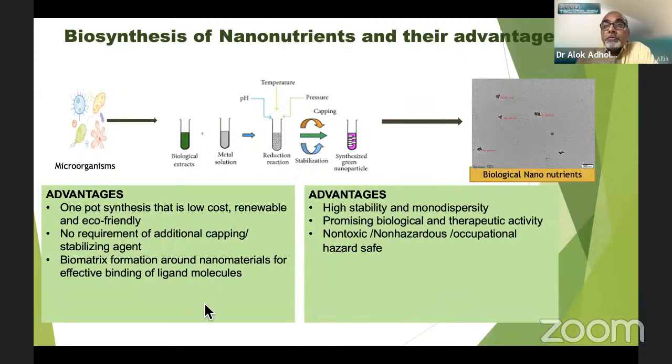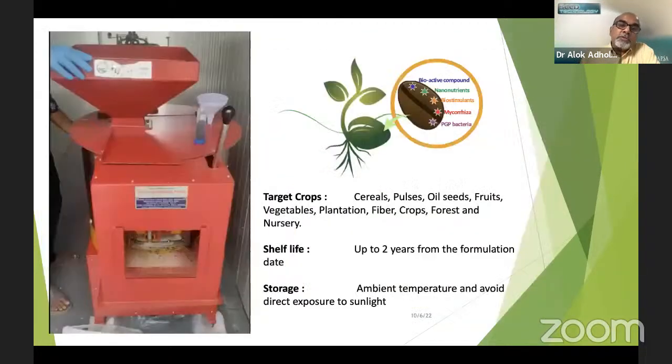And so far, with all those parameters and protocols that I have shown in the policy document, when they have been used to test these biologically synthesized materials, none of them have shown any toxicity. So that's a very safe route which will bring the products to the market. It can also bring in the bioactive compounds, the biostimulants, the mycorrhizas, the PGP bacteria, all together on the seed.